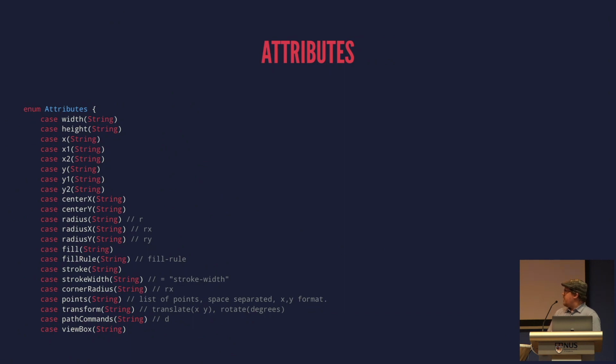Got some comments there as well about what the actual name is. So fill rule, obviously, I changed from a dash separator to being camel case, and a few other nice things in there. And some of them, like the path commands, are expressed as the attribute D, which doesn't really make much sense. So we've just given it a nicer name because in our code we want the code to be very understandable.